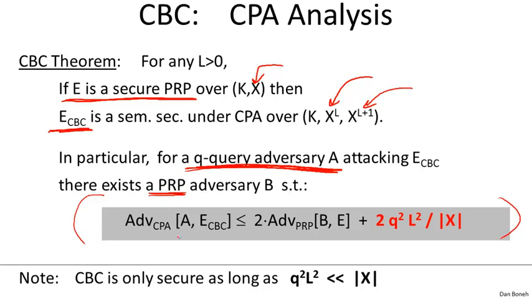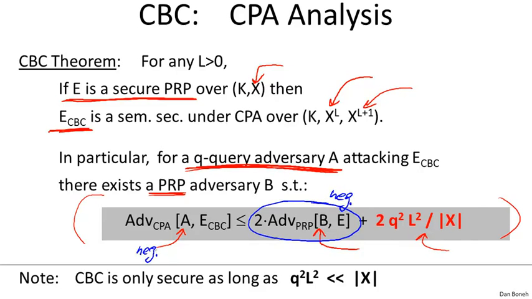In other words, the advantage of algorithm A against the encryption scheme is less than the advantage of algorithm B against the original PRP, plus some noise term. Let me interpret this theorem for you as usual. Since E is a secure PRP, this quantity here is negligible. Our goal is to say that adversary A's advantage is also negligible.